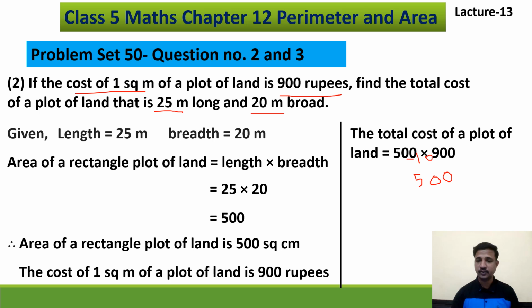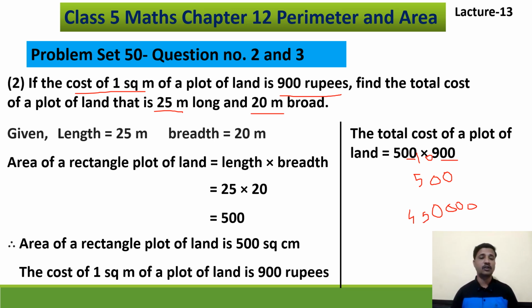First, these two zeros and these two zeros: 1, 2, 3 and 4. Correct? Then 9 5s are 45. Our answer is 4,50,000 rupees, that is 4 lakh 50 thousand.